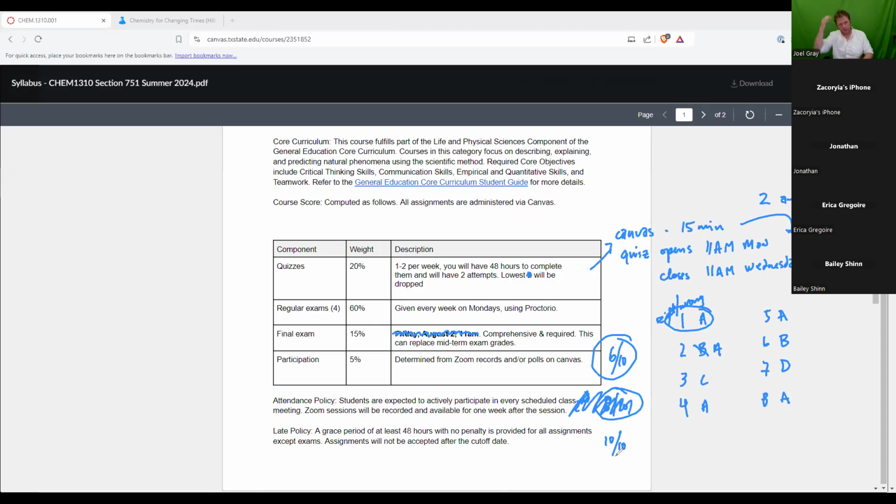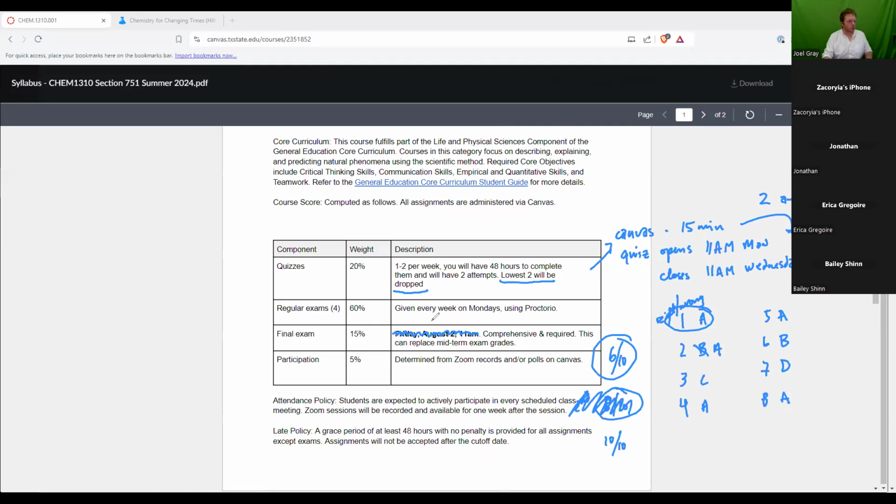So these are administered on Canvas. And that's the big part of it. Your quizzes, though, are going to be quite frequent. They're 20% of your grade. Of all of the quizzes that we take during the long semester, your lowest 2 quiz grades will be dropped.